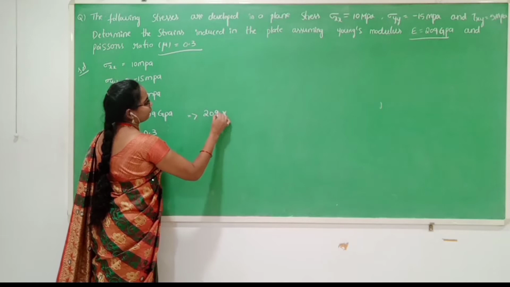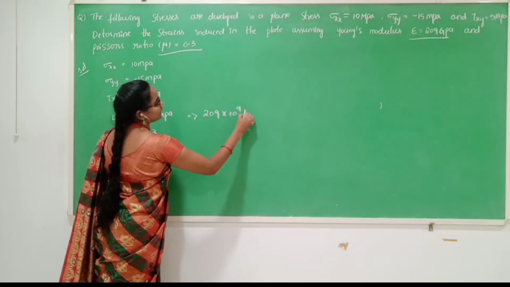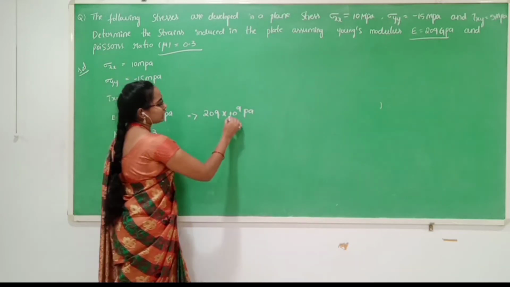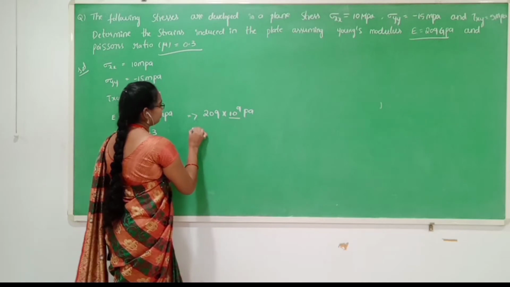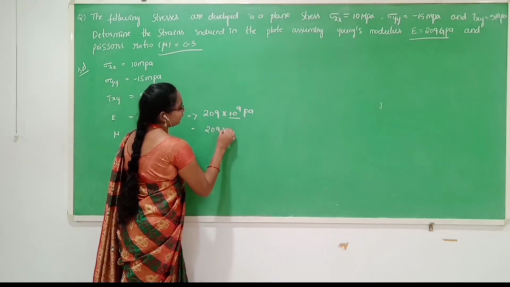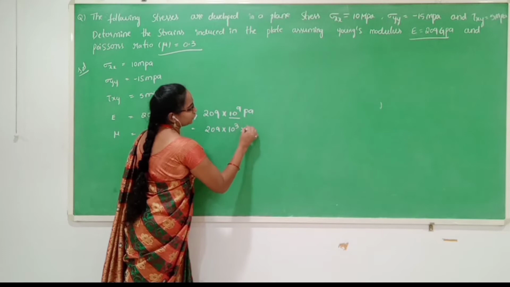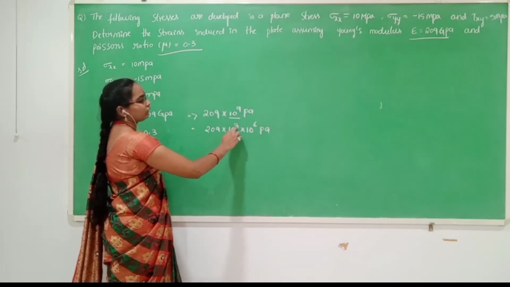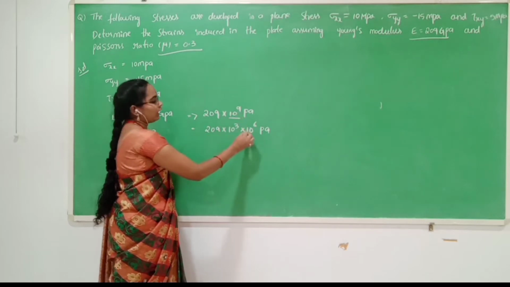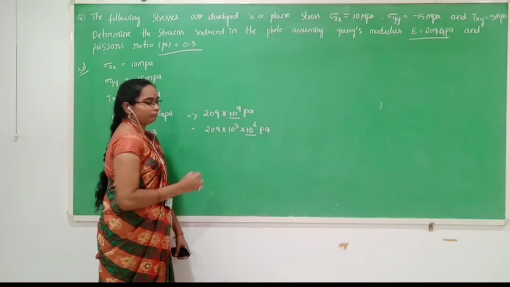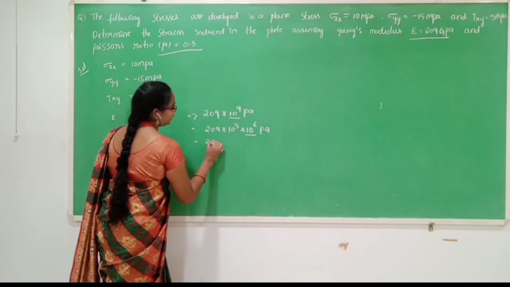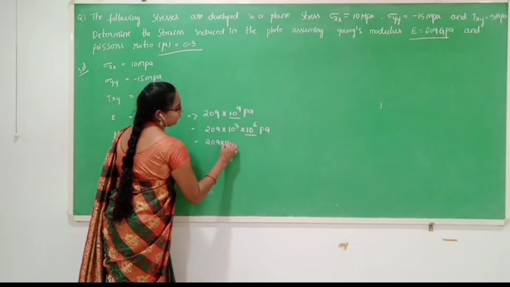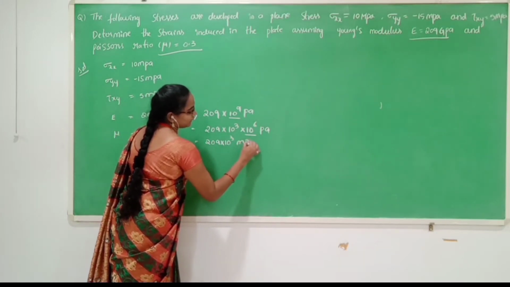So 209 into 10 power of 9 pascal is 209 into 10 cube into 10 power of 6 pascal, since 3 plus 6 is 9, and 10 power of 6 means mega. Finally, 209 into 10 cube megapascal.